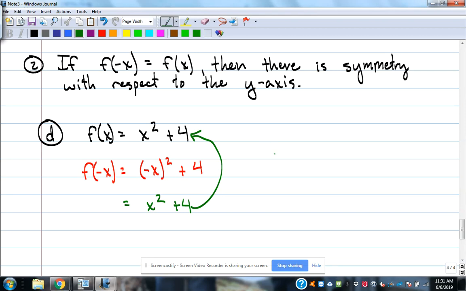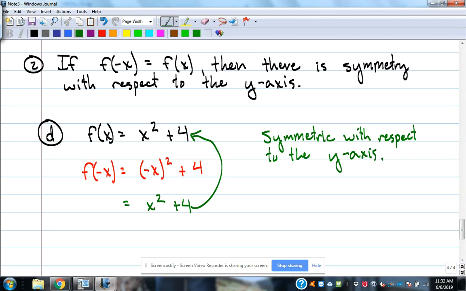Okay? Symmetric with respect to the y-axis.